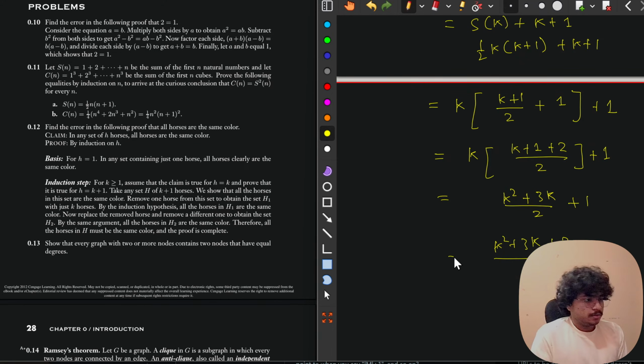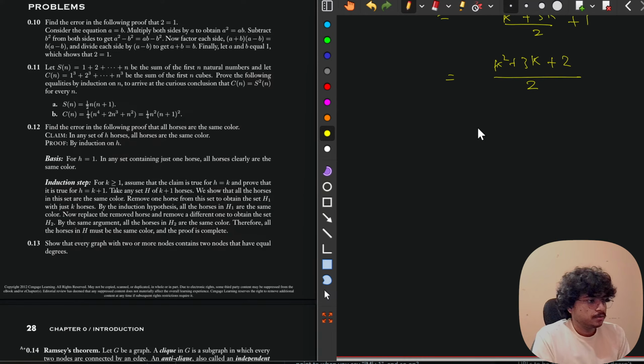Yes. Multiplying should give me 2 and adding or subtracting should give me 3. 1.